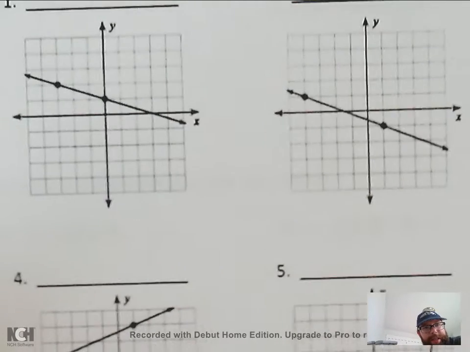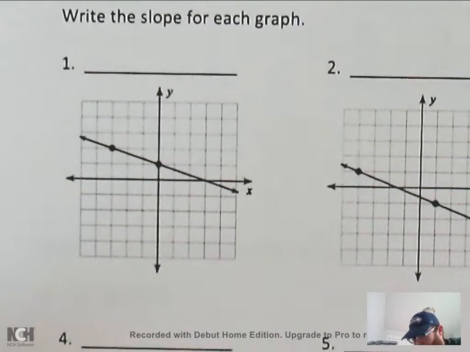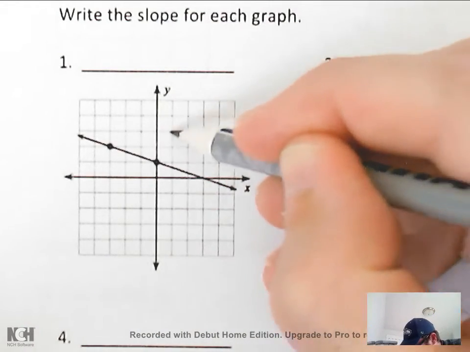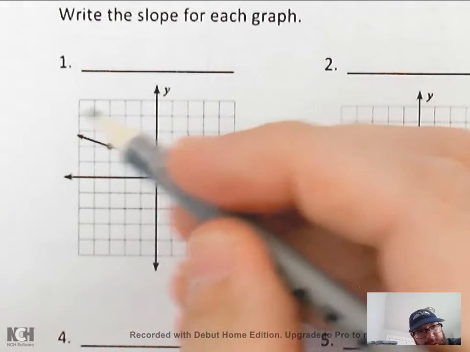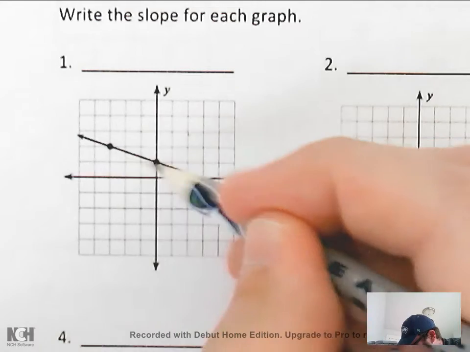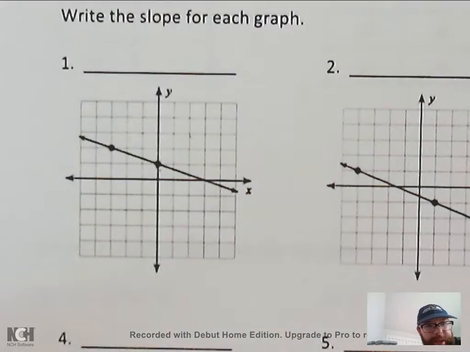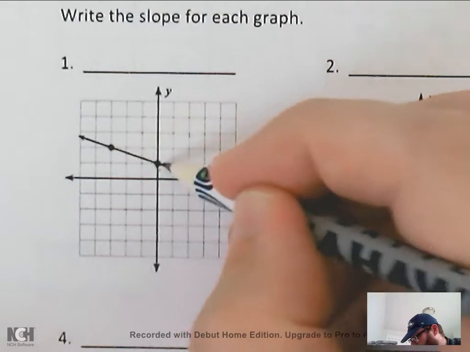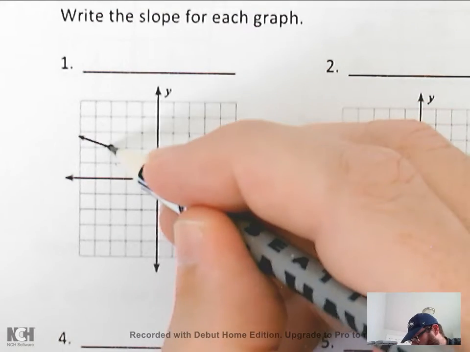So if you zoom in here really closely, you can see all these intersections on the grid, right? We want to hit 2 points where the line is hitting one of those intersections on your grid.